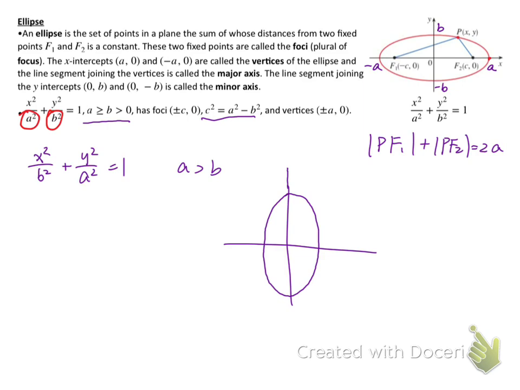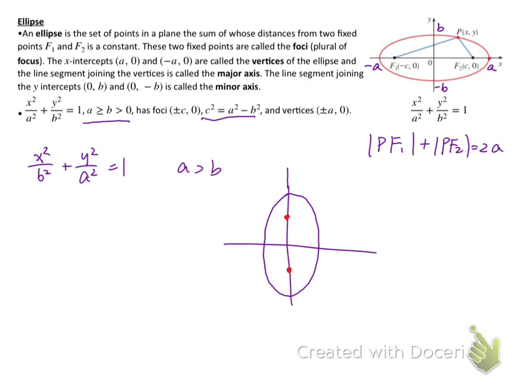Later we are going to do hyperbola, where it happens very similarly. So for an ellipse, a is the longest, and the foci are inside. These are the two foci, each of them is a focus.